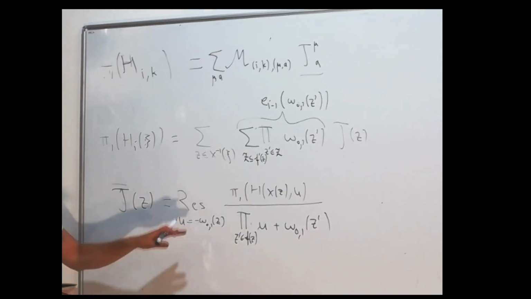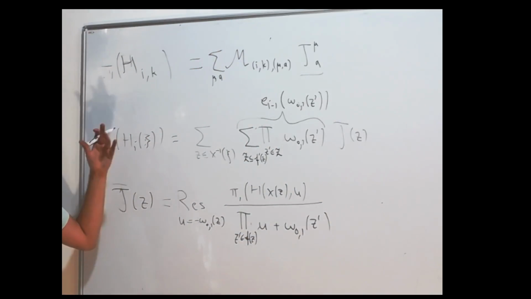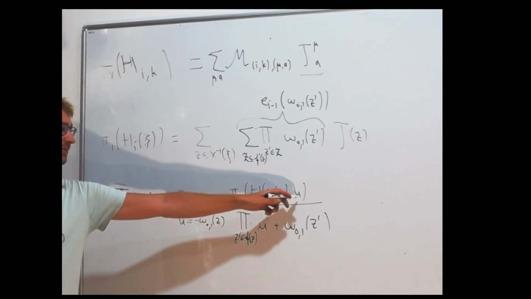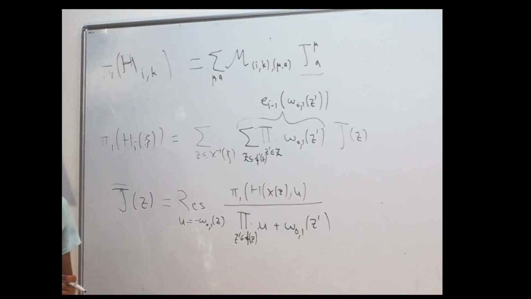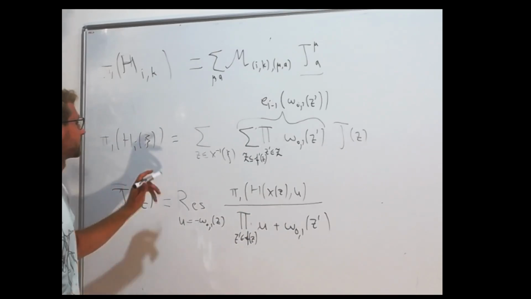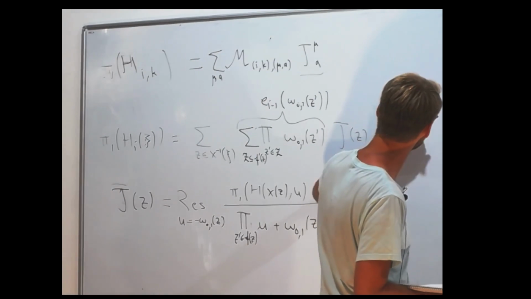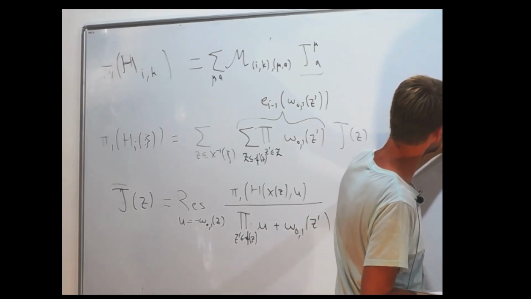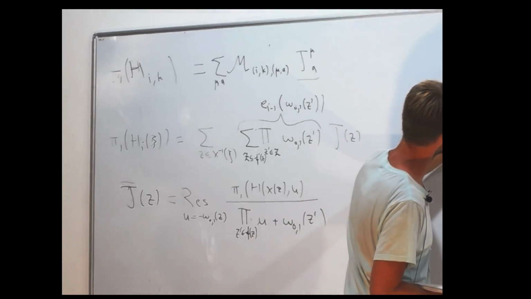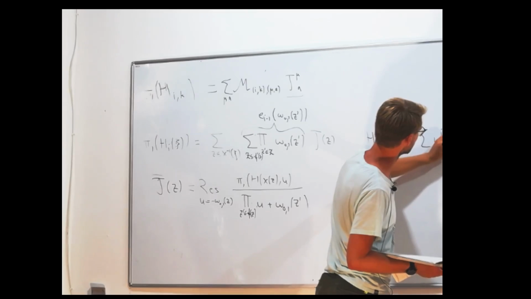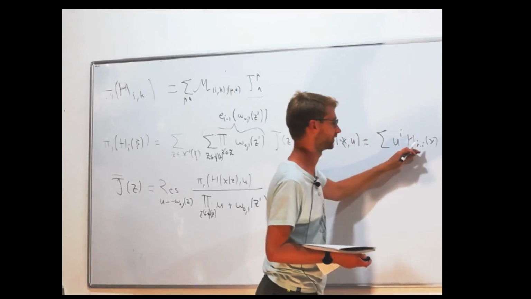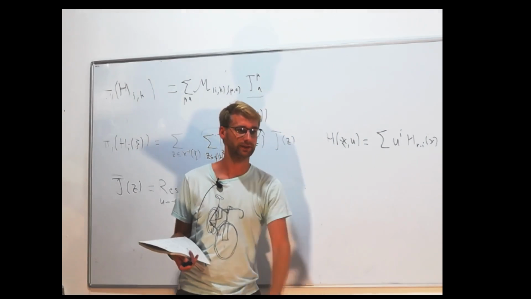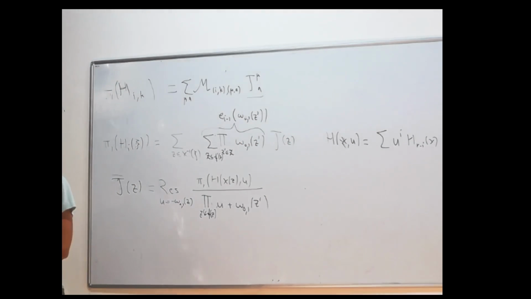Basically, remember that before we saw these elementary symmetric polynomials, we just added this extra formal variable u to make it into a polynomial. We could do the same here. So it's h(x,u), which is just the sum over u to the i, h to the r minus i of x, just a polynomial, where these are elementary symmetric functions of the roots.